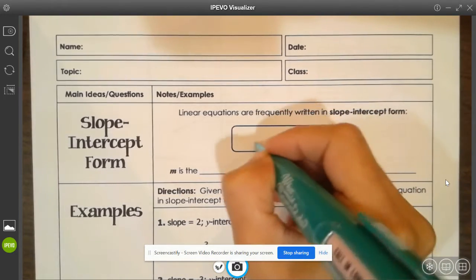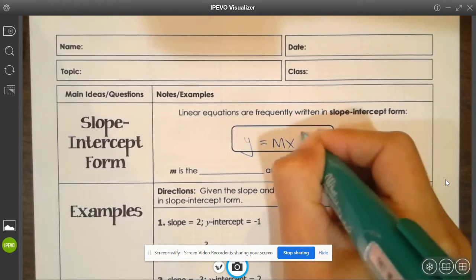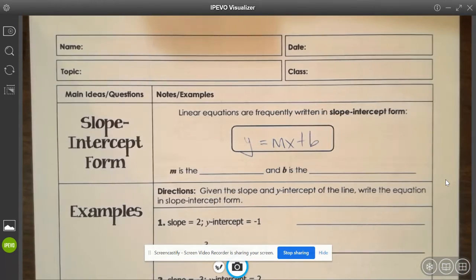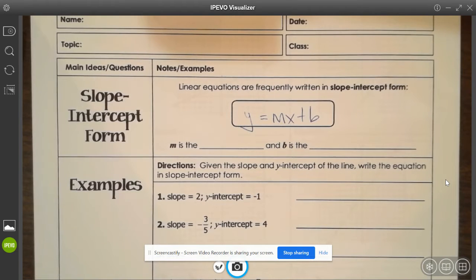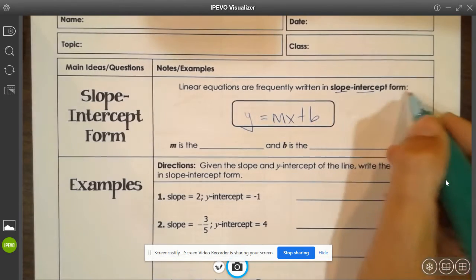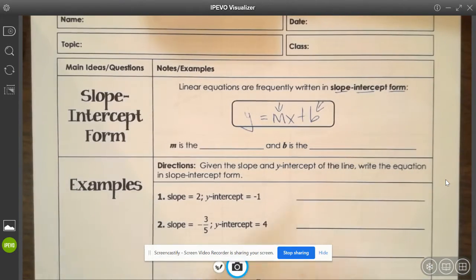There we go. So if you remember y equals mx plus b, you are in good standing over here. If not, let's just remember. Linear equations are frequently written in slope-intercept form. This is the slope-intercept form. Why? Because this is the slope and this is the y-intercept.